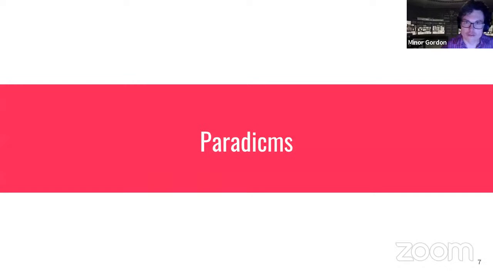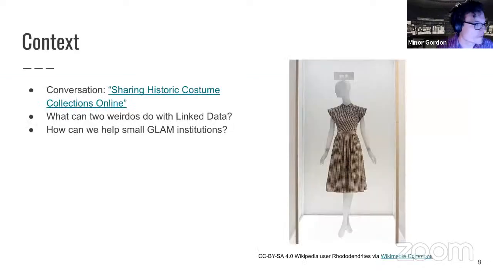So focusing on the framework in particular. How did this all get started? Arden and I met after she was lead author on an article about sharing historic costume collections online. Arden's background is in costume design initially before she went back and became a digital librarian. Her background really lends itself to bridging the museum and library worlds, as well as costume interests.